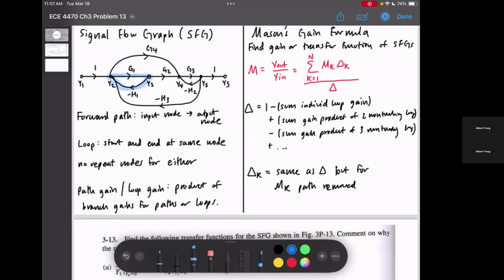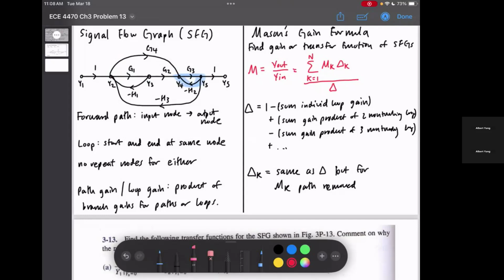Then the loop gain would be G1 times negative H1. So it's just again the product of the gains. And then another one you can find would be from Y4 to Y5. This would be G3 times negative H2.